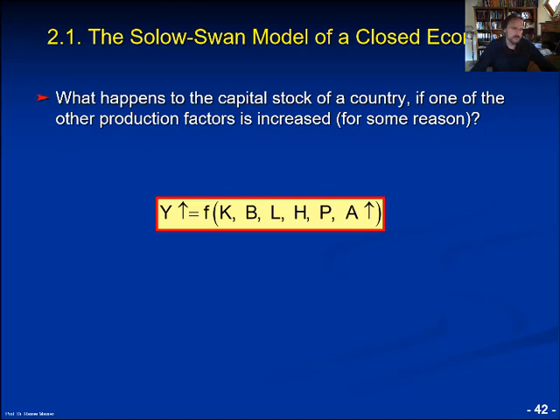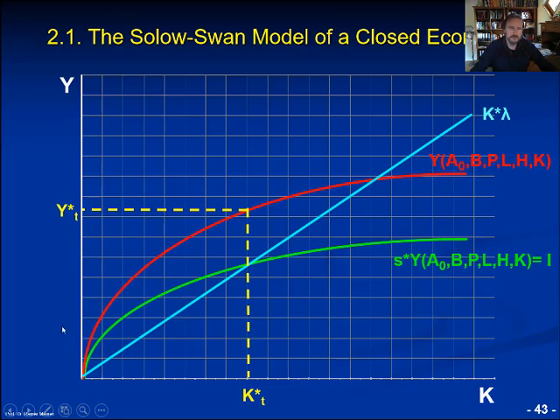The interesting question is now, does an increase in technological knowledge change the steady state capital stock? How do we have to change the position of the GDP production function if we keep the input level of all production factors constant with the exception of the input of technological knowledge?